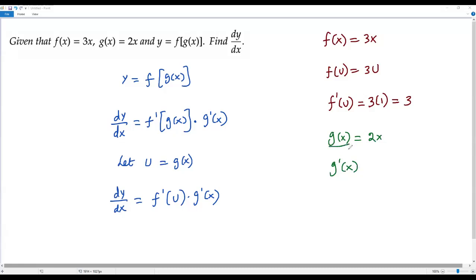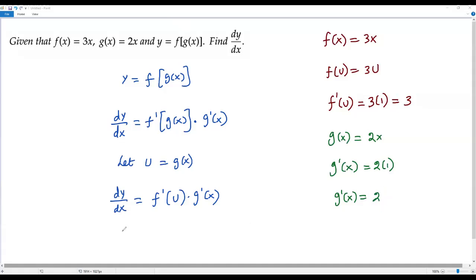Here the variable is multiplied by a constant, so when I find the derivative, I have to keep the constant as it is. When I find the derivative of this variable x with respect to x, it will become 1. So g prime of x equals 2 times 1, which is 2. So now I got f prime of u, that is 3, and g prime of x, that is 2.